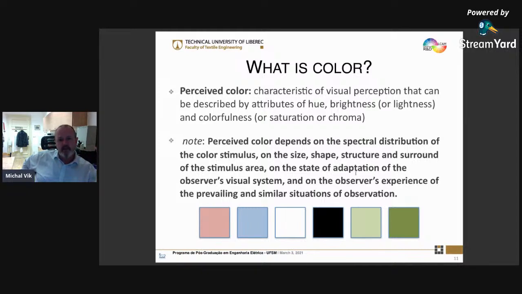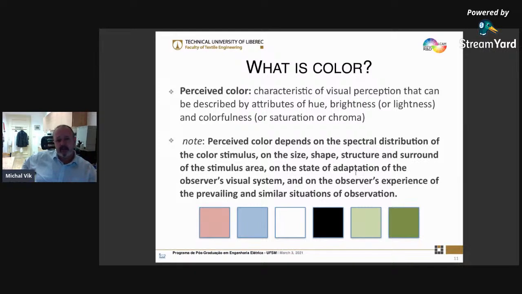We need three terms: hue, brightness or lightness, and colorfulness or saturation or chroma. It depends on the situation. And obviously, if we think about differences in colors, we believe that this difference is caused by a difference in the spectral distribution of the color stimuli. There are some exceptions, and I will discuss later which exceptions we mean.